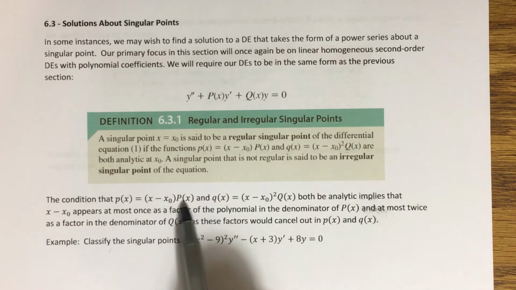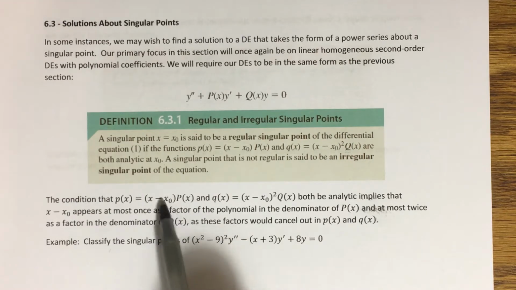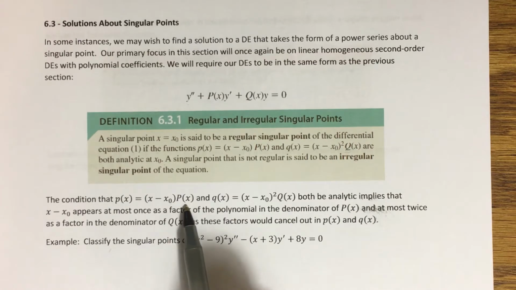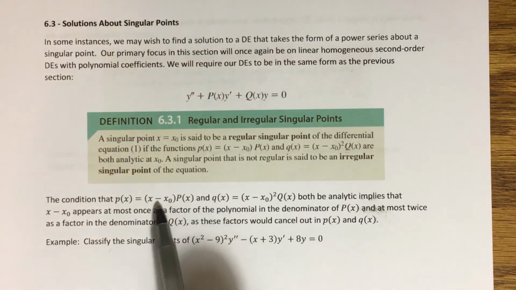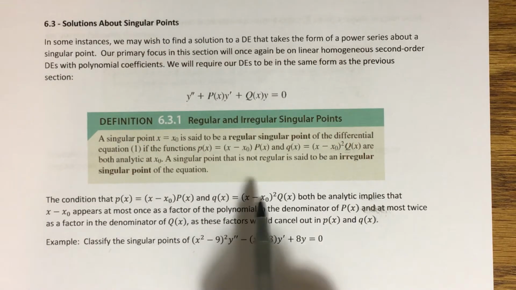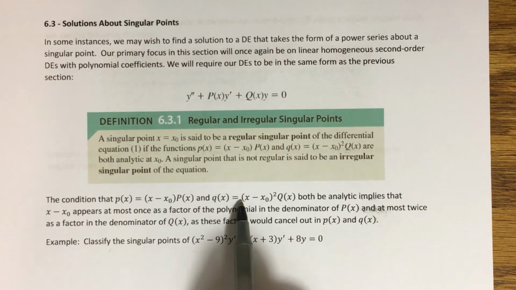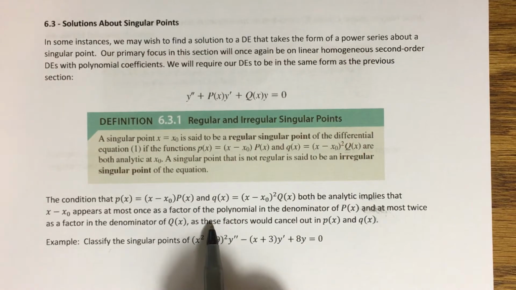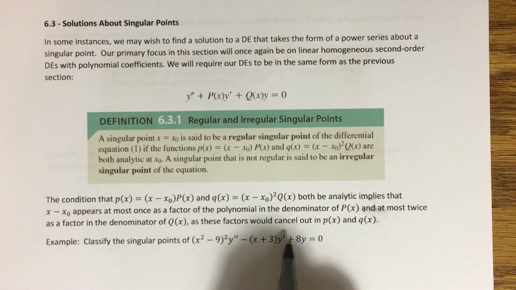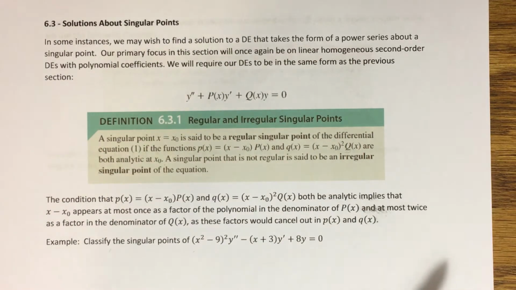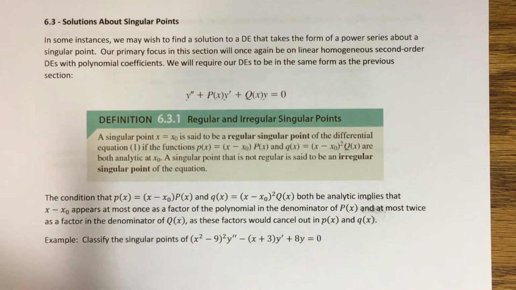But then multiplying that function by x minus x naught, if it cancels that only factor of x minus x naught out, then we've essentially removed that singularity and we have an analytic function now. That's the idea there, that these products are supposed to cancel out factors in big P of x and big Q of x that are causing x naught to be a singular point in the first place.